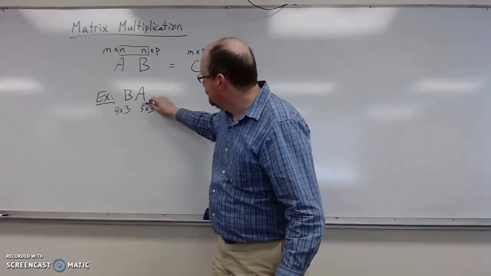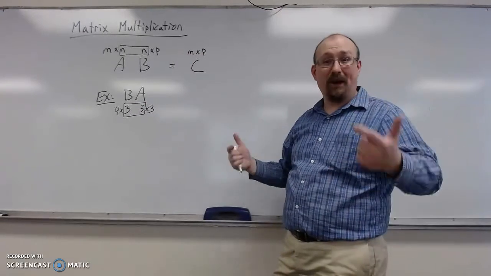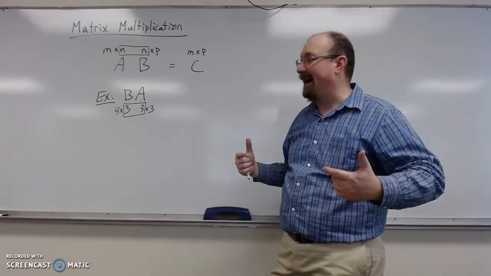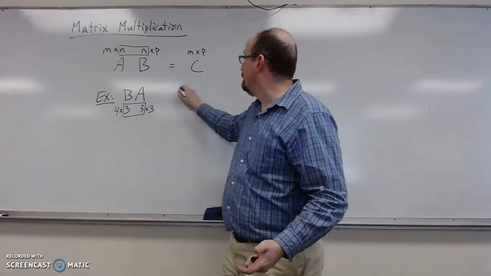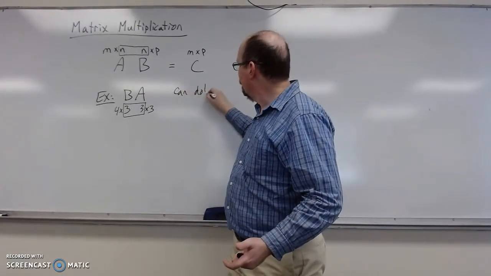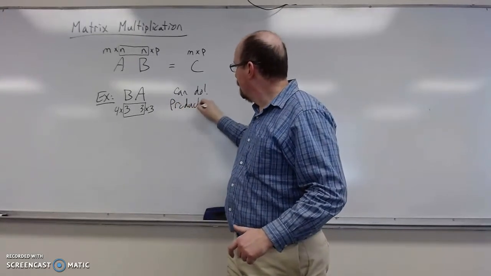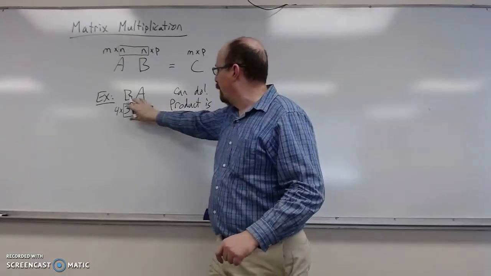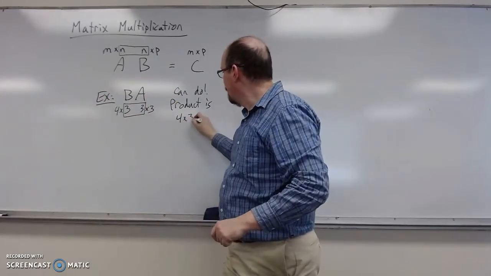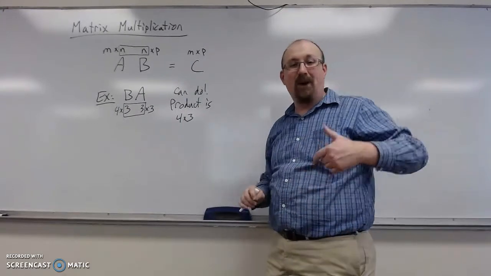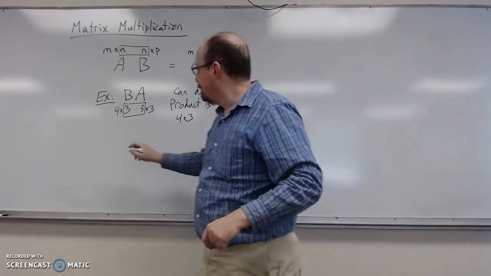And as you notice, those two do, in fact, agree with each other. Both of the inner values are a 3. So we could do this product. And then when we take those out and squeeze the other 2 pieces together, the product matrix itself will end up being 4 by 3.